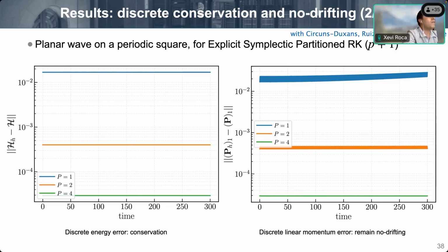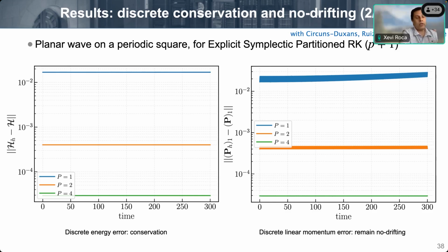On the vertical axis, you have the error of the Hamiltonian, which in this case is the energy, in logarithmic scale for polynomial degree 1, 2, and 4 in blue, orange, and green, respectively. You get closer and closer to 0, below 10 to the minus 4 for p equals 4. And you see that these lines are flat. This makes sense because you have a discrete conservation law for the energy, the magnetic charge, and the electric charge. But what's going on for the discrete linear momentum?